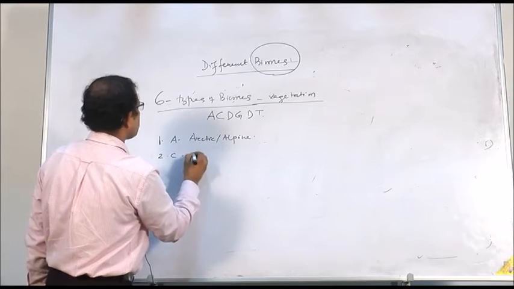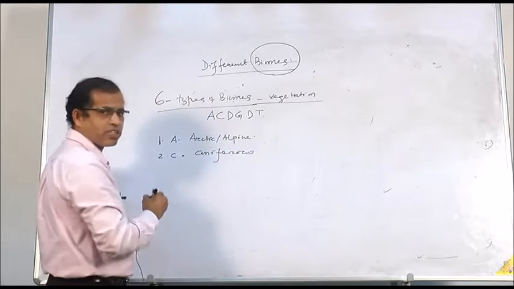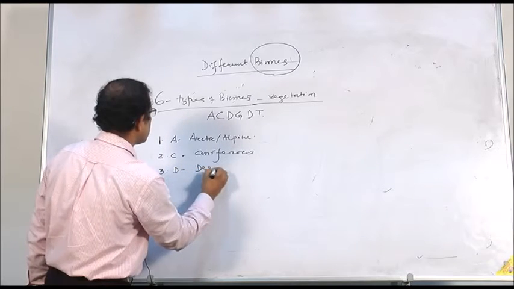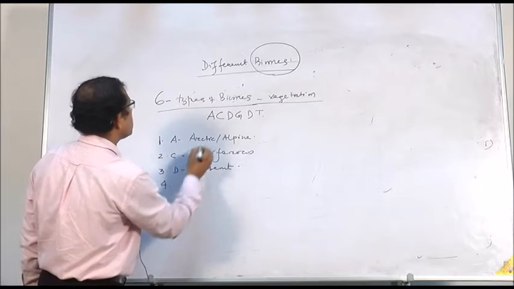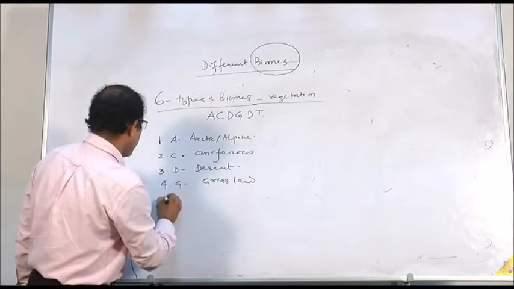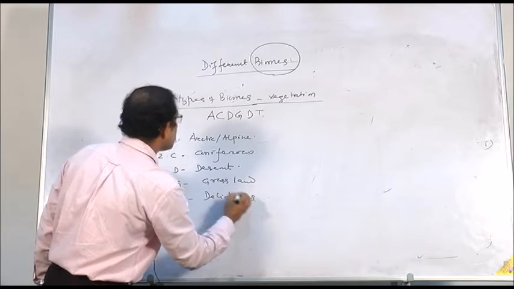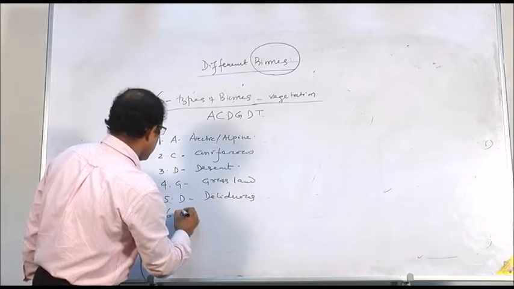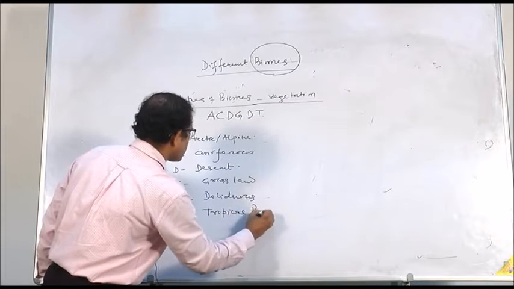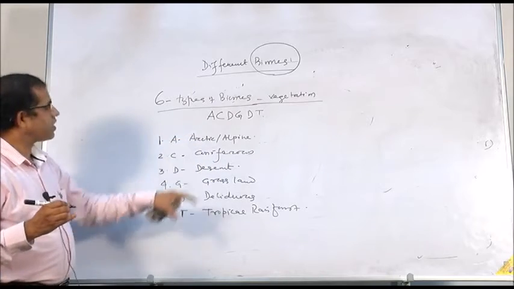Second, C stands for coniferous. Third, D stands for desert. Fourth, G stands for grassland. Fifth, D stands for deciduous. Sixth, T stands for tropical rainforest. So these 6 types of vegetation are there.